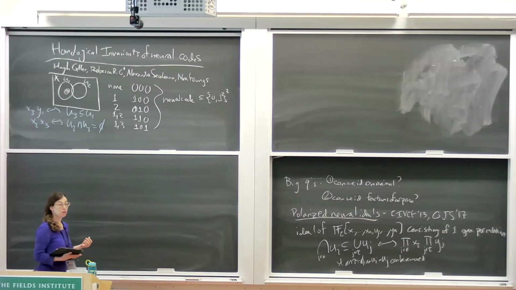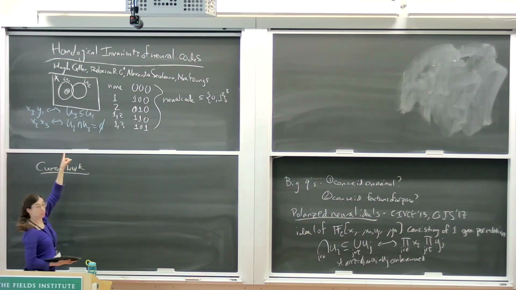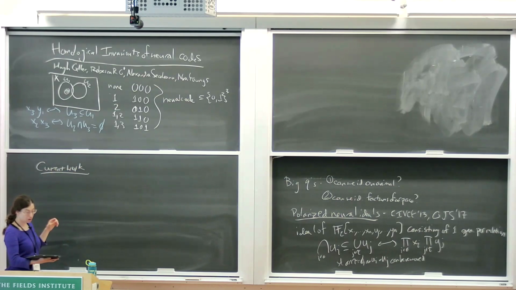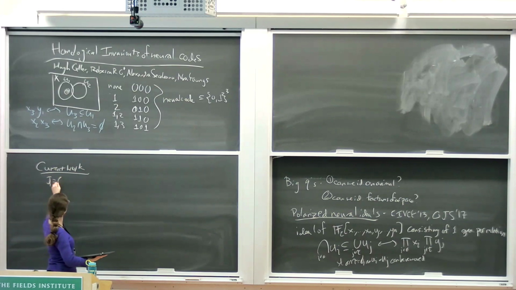Let me talk about the invariants we're computing and how we found out which ones we needed. This is current work by the 4 authors listed up there. We have a few examples that give us a sense of what we're trying to distinguish.